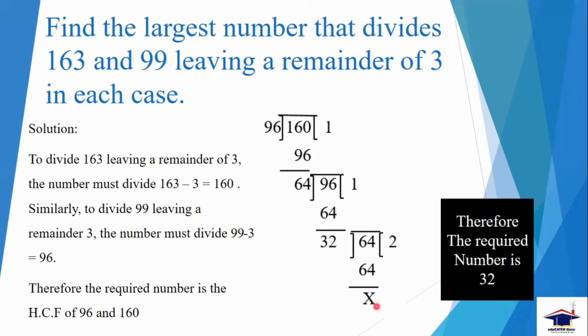Here the remainder becomes 0. So the HCF is 32 because the number before 0 is 32. Hence, the HCF is 32 and also the number which is required with the remainder of 3 is 32.